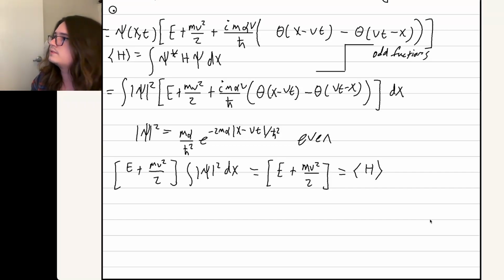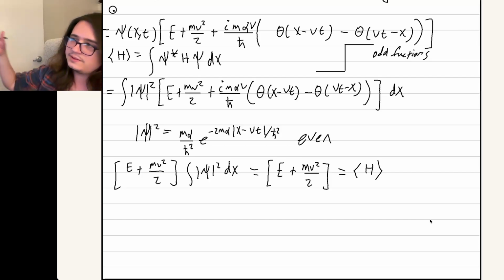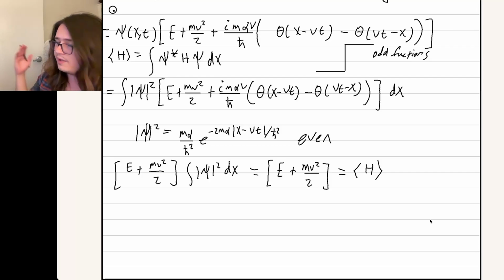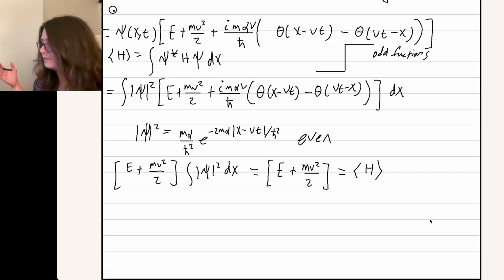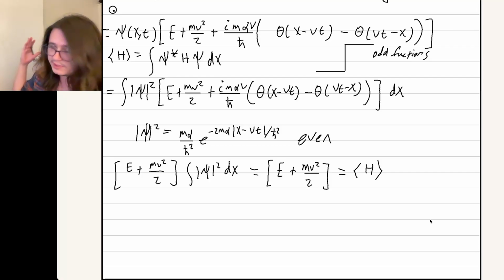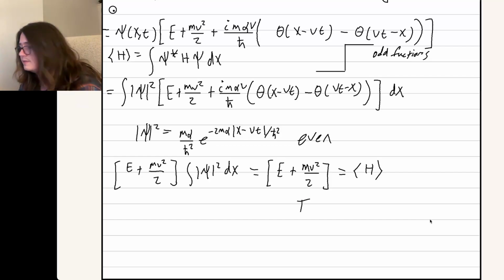And that makes sense. It's like the solution for the delta function potential, but it's displaced by a velocity linearly. So you're going to have the energy value that comes from the delta function potential plus a kinetic energy. And what is this thing right here? That's kinetic energy. So it's a completely sensible answer.